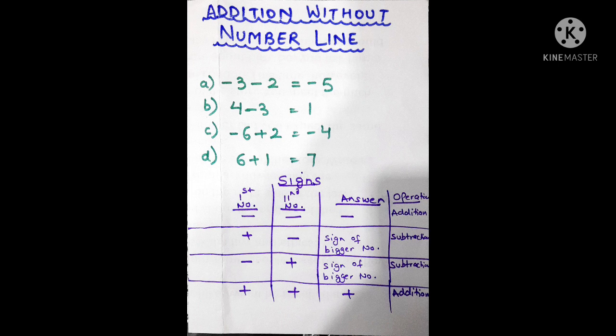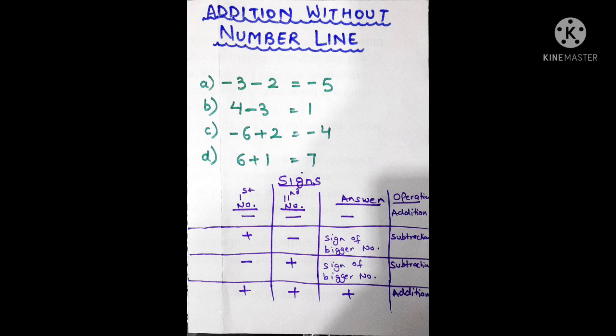This is because when we add, if both the numbers we are adding have minus signs with them, the final result will also get a minus sign. Both numbers are minus, so we add those numbers. You can see 3 plus 2 is 5 and we put a minus sign over there.